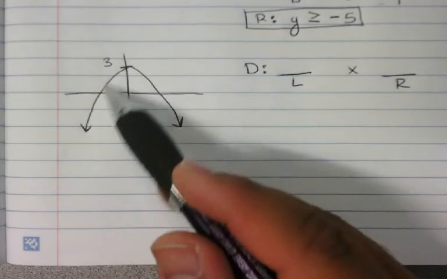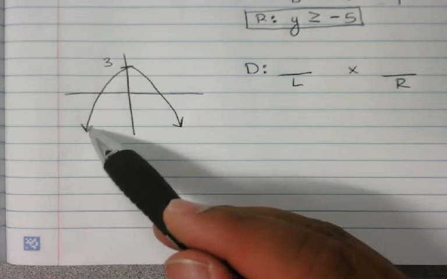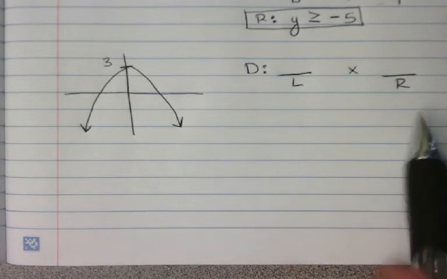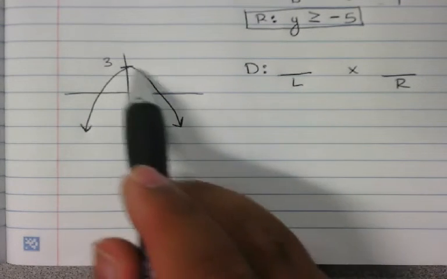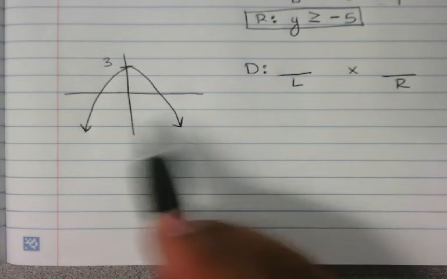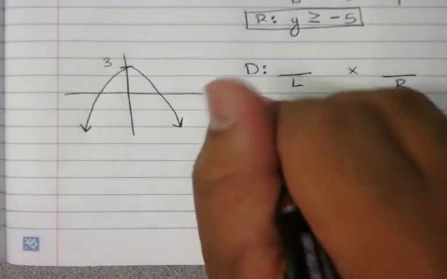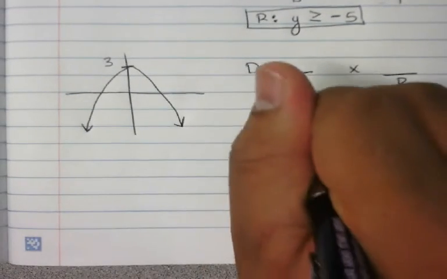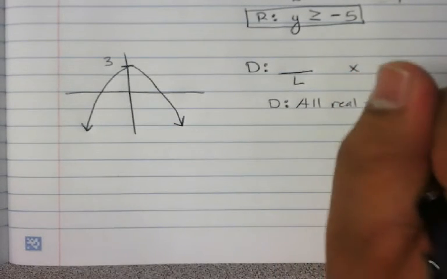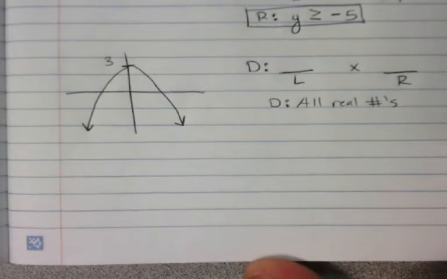This arrow tells me it's going to keep going, but I'm not going to write negative infinity here. For the right number, follow this graph, furthest right. Infinity, so I'm not going to write it there. So if both arrows are pointing left and right, what do I get? Good. All real numbers, and you can use a number sign if you want. That way you don't have to write numbers every time.